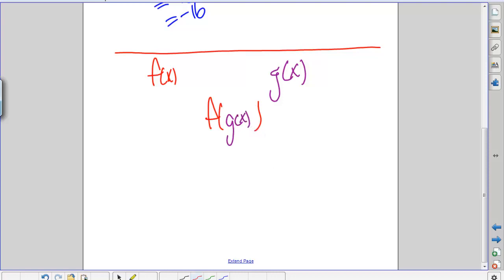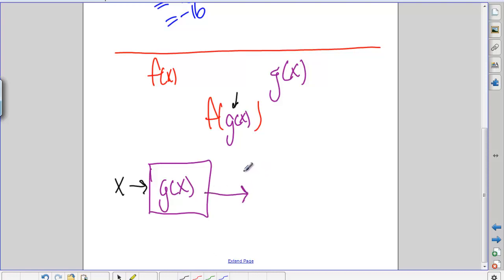When you do that composition, your x value first goes to the inside function. Okay, so first it's going to go into whatever g of x is. Okay, and then it's going to come out of there.